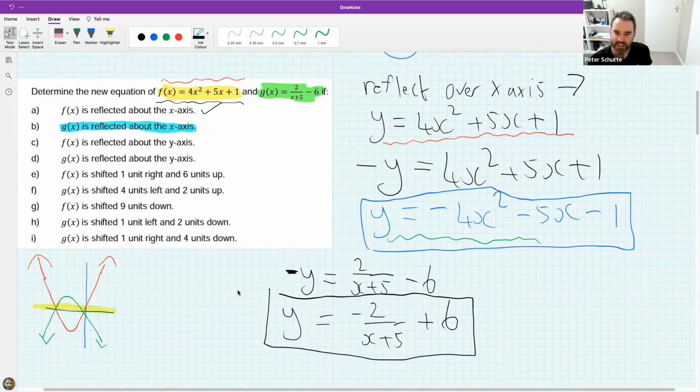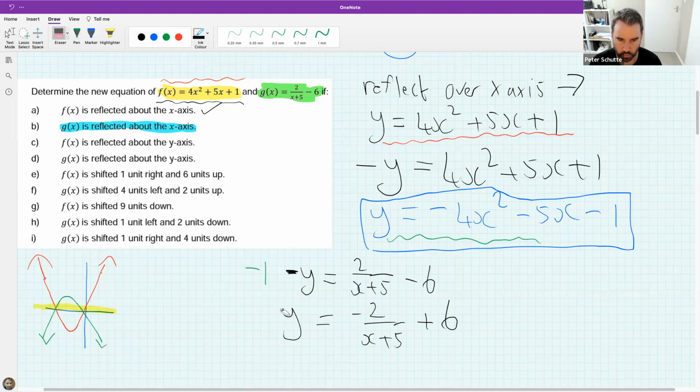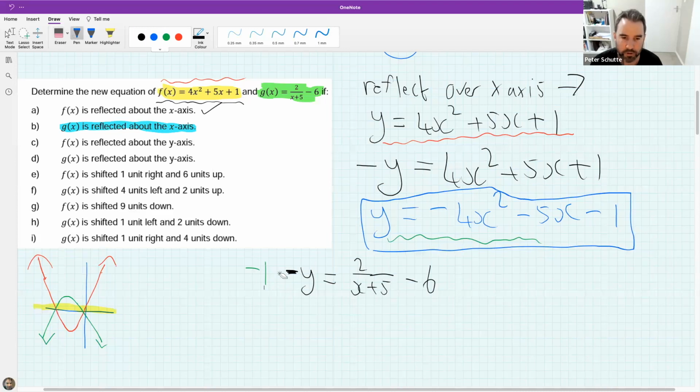So I just wanted to find out that negative, does it affect the entire fraction or just the two only? Lovely question. Such a good question. So lots of students are wondering about this. What happened in this question was I multiplied both sides by -1. It's almost like I put this in a bracket and this in a bracket, and both sides got multiplied by -1.